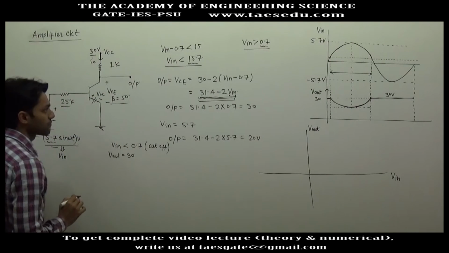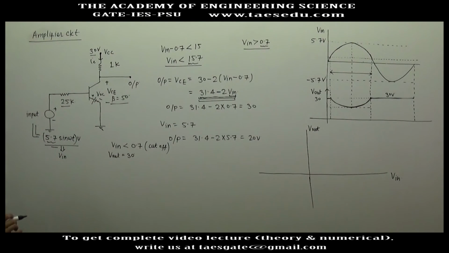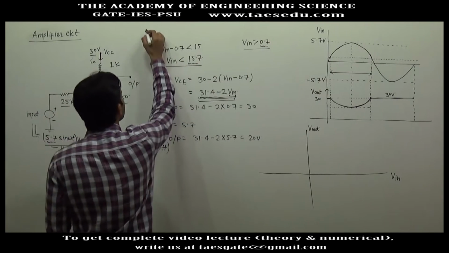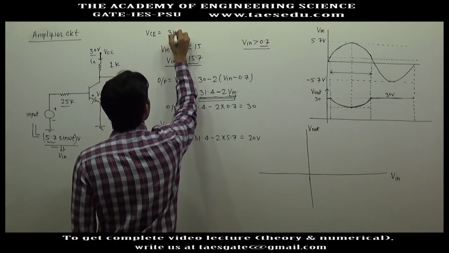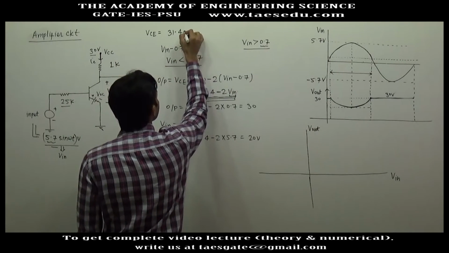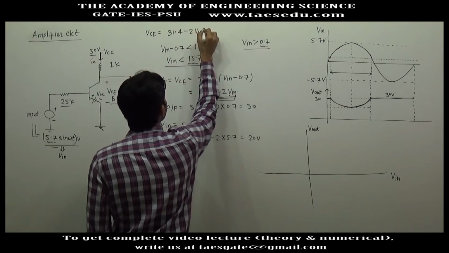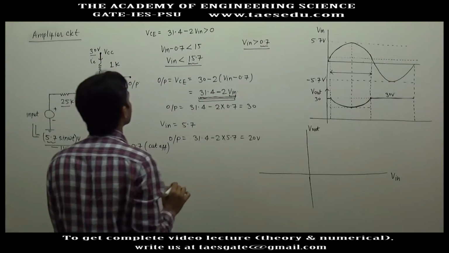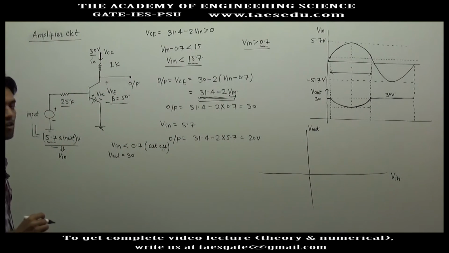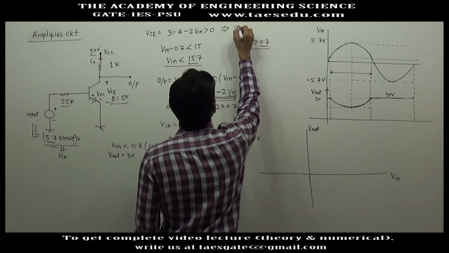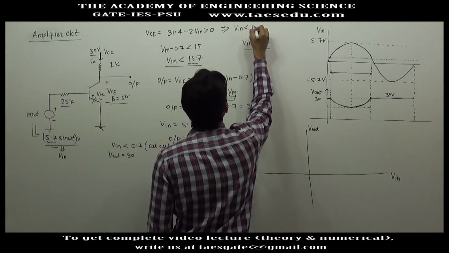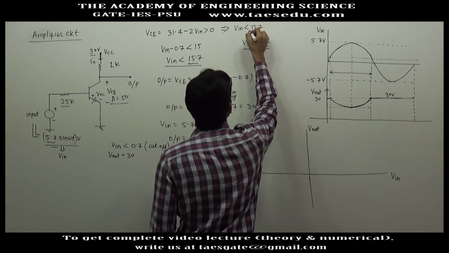The second is, what was the expression for the transistor to operate in active region? The expression was VCE is equal to 31.4 minus 2V input, and when it is greater than 0 volt, the transistor will operate in active region. So from here we found out that V input must be less than 15.7 volt.